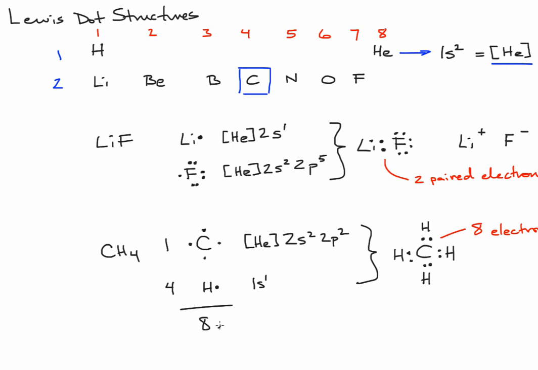So we need to account for a total of 8 electrons in our structure, and we've done that. We have 2, 4, 6, 8 electrons. So this will wrap up our introduction to Lewis dot structures, and we'll consider in a second screencast more elaborate organic molecules, where we start using elements other than hydrogen.